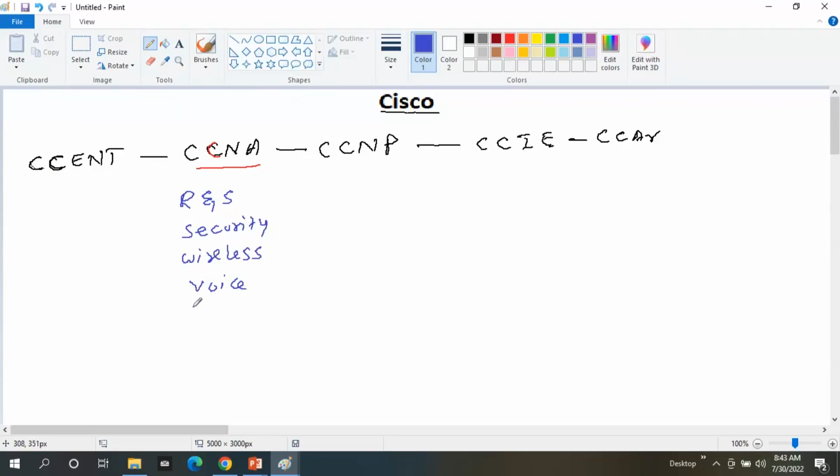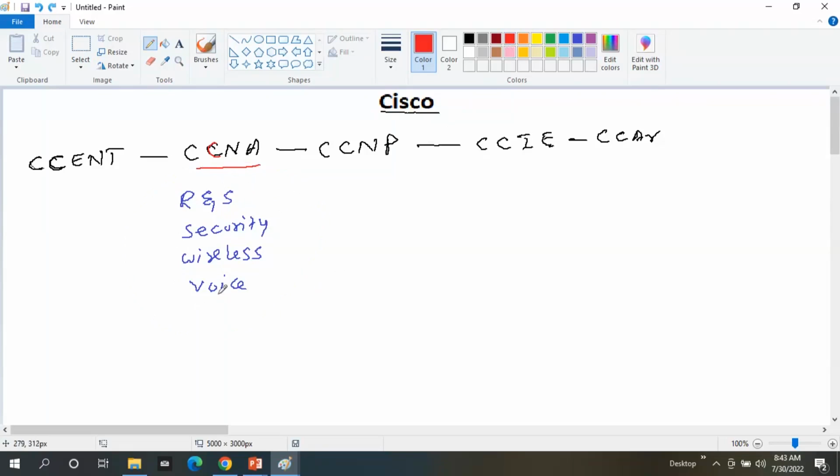Many tracks are there. Which track you choose depends upon your interest and your job role. But in our training, which track are we going to cover? Is it R&S or security or wireless or voice or all tracks?